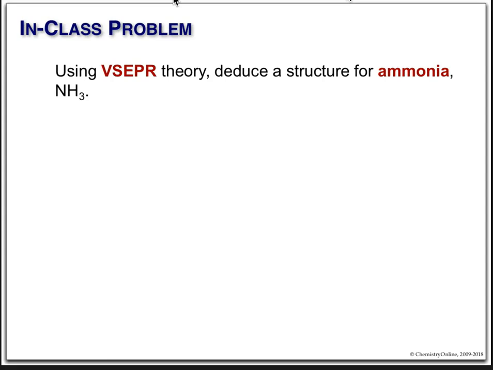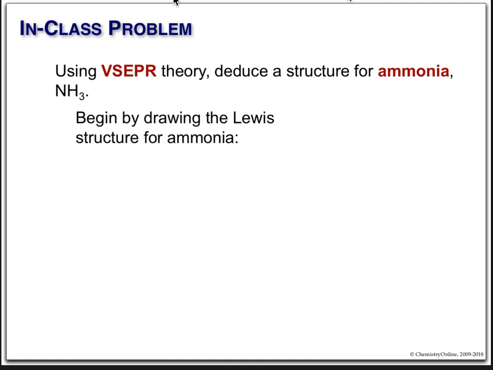Let's take this very simple principle and see if we can predict the 3D structure of ammonia. Ammonia is NH3. The way we do this, and this is on the exam, something like this. First thing you want to do is draw a Lewis structure for ammonia. Make sure you can do this.